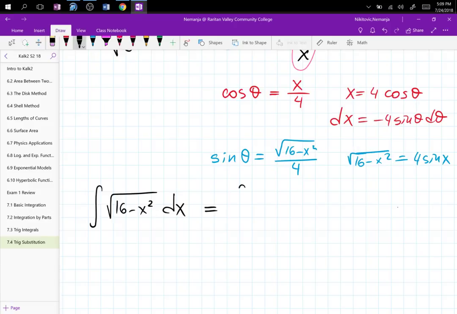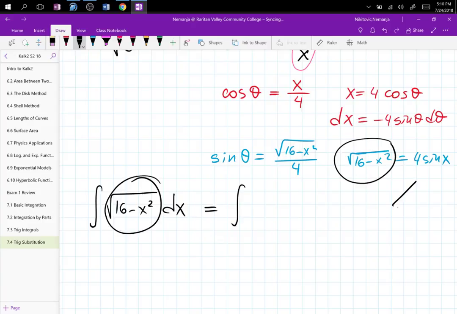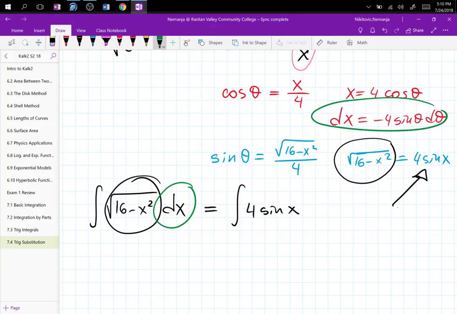I take this part, the square root, and replace it with what it is in trig terms, so it becomes 4 sine theta. Then I take dx, which is given here, and replace that as well. So dx is given by negative 4 sine theta d theta.